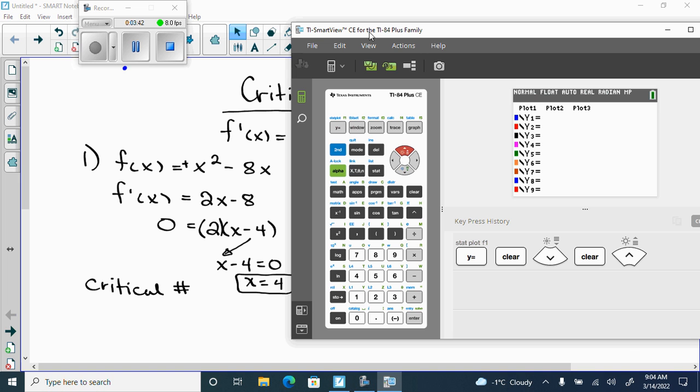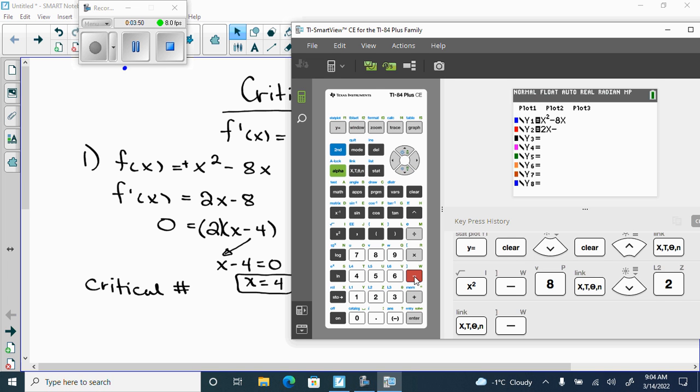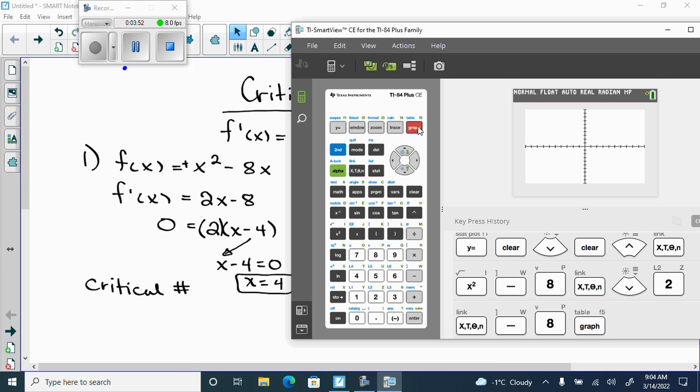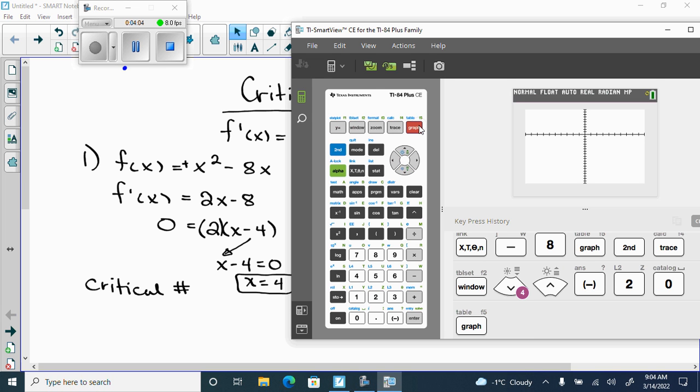So the original is x squared minus 8x, and the first derivative is 2x minus 8. All right.